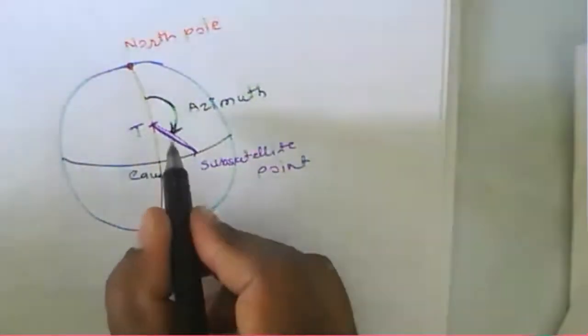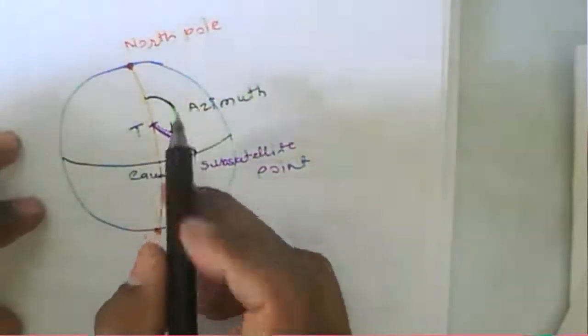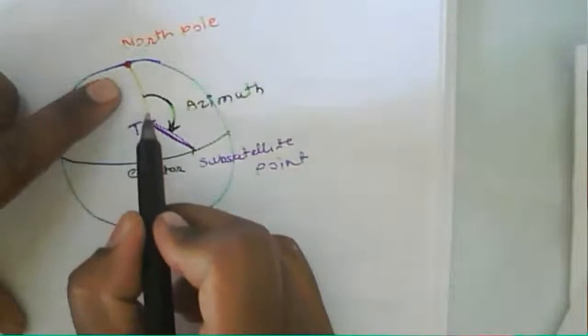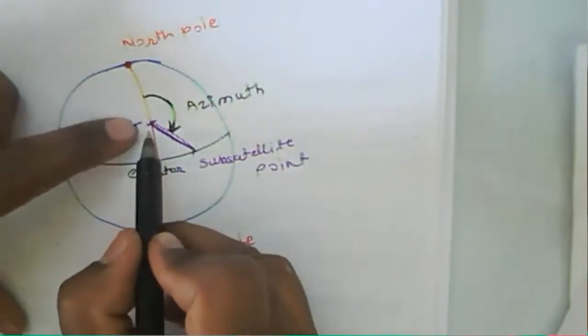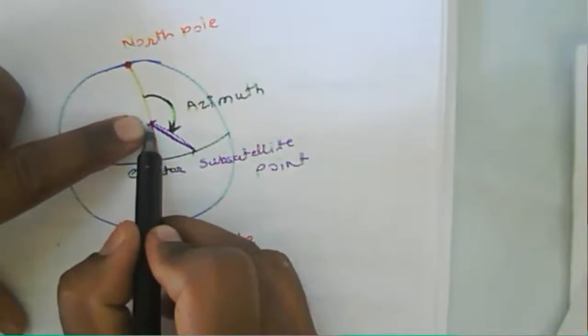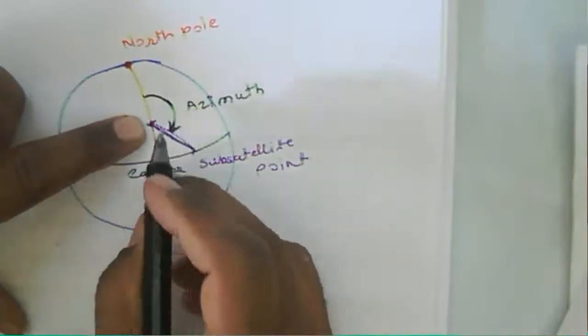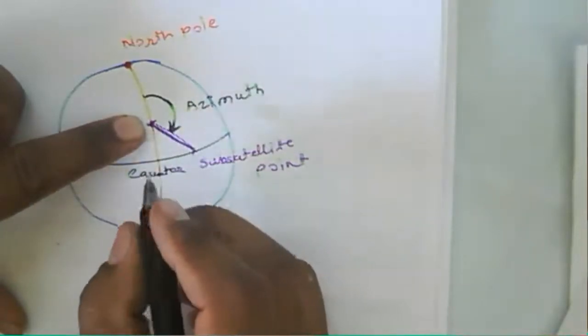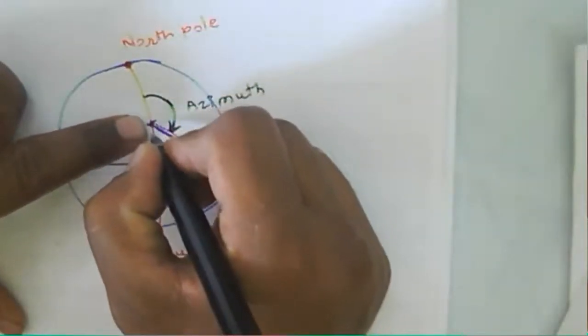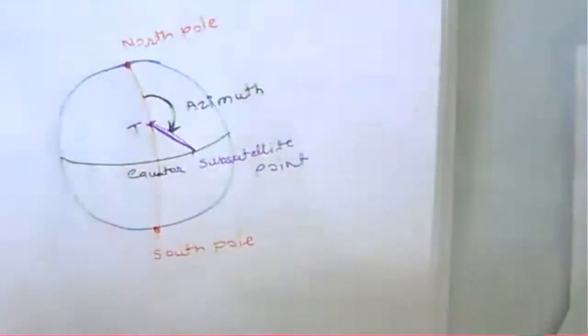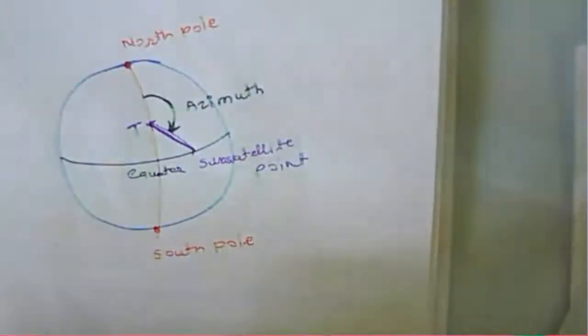This azimuth angle is measured from the geographical north at the Earth station to the trajectory of the satellite on the local horizontal plane, T, in the easterly direction. That is called the azimuth.